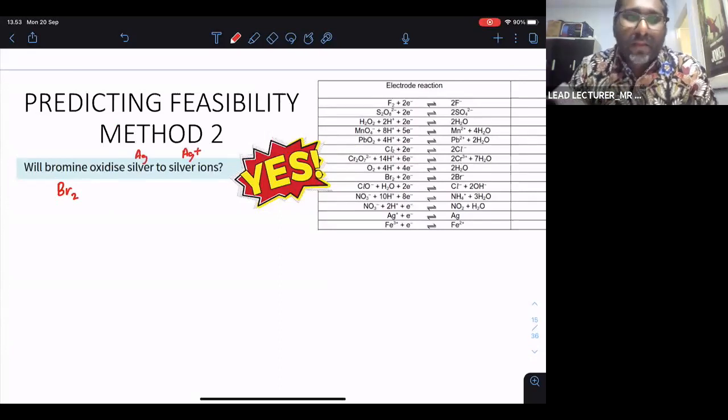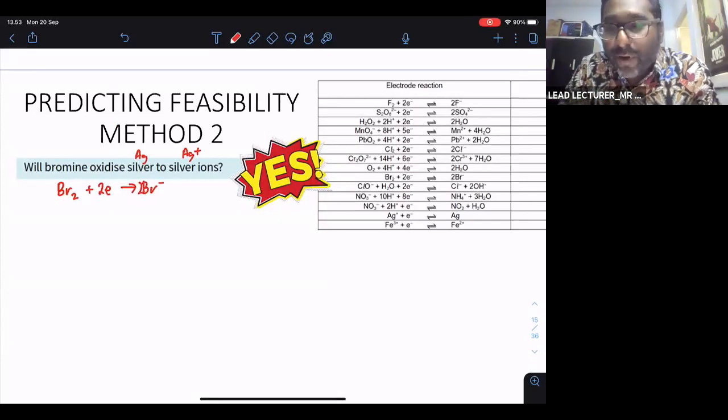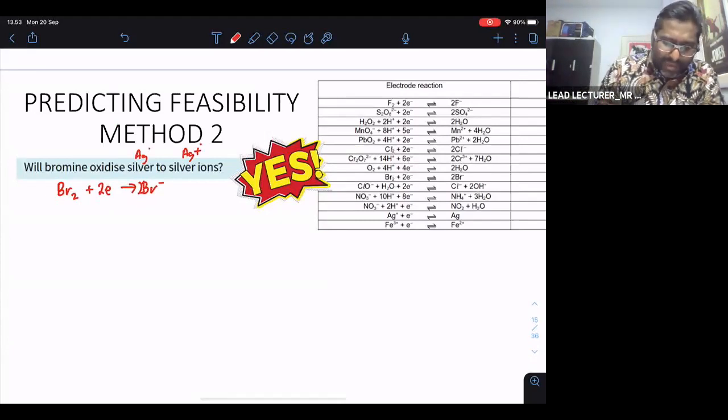Can it happen? What I suggest you do is write the equations. Br2 plus 2 electrons gives you 2Br−. This one you must write in the form of reduction first. And then the second one you must write Ag and Ag+. So it must be Ag+ plus an electron to give me Ag.